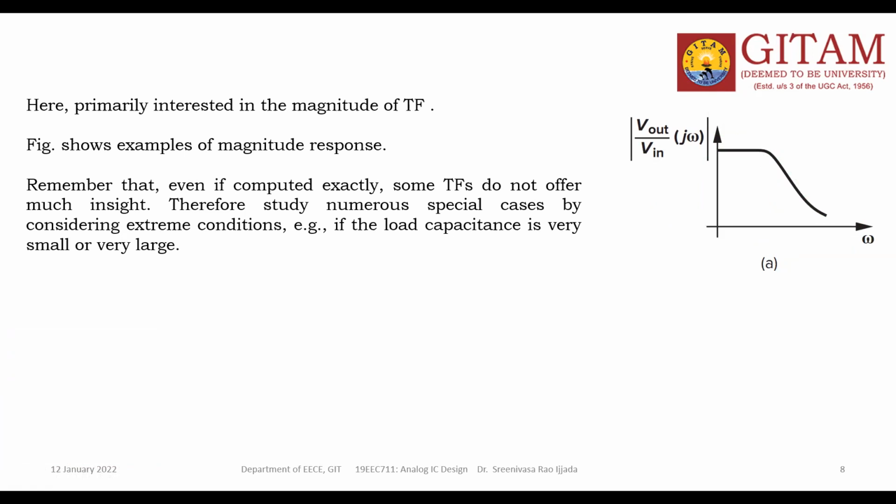Sometimes, whatever transfer function we have for a particular circuit, it will not always give a better response. Why? Because there are many conditions which influence the response, so those special cases must be considered.